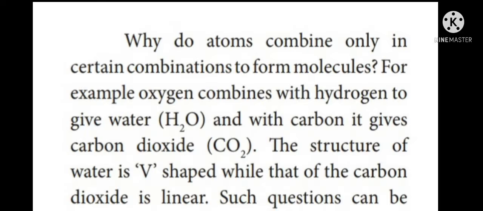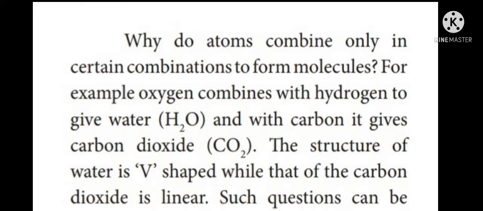Next one. Why do atoms combine only in certain combinations to form molecules? It is explained with examples. Whenever oxygen combines with hydrogen, it forms water with the formula H2O. Again, oxygen combines with carbon to form carbon dioxide with the formula CO2.